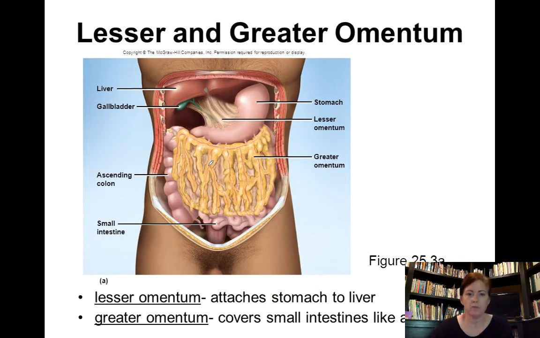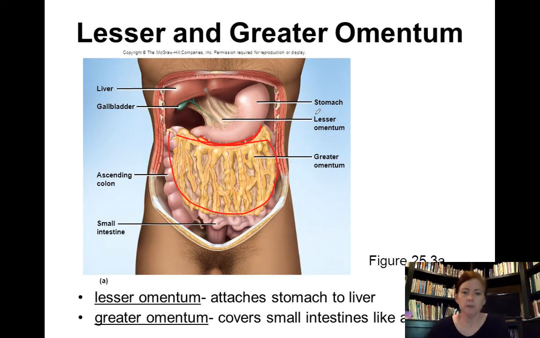So here's another view. This is showing you the greater omentum, which is basically going to drape from the greater curvature of the stomach down and cover the small intestines. And then because we have a greater omentum, I'm sure you already guessed that we have a lesser omentum.